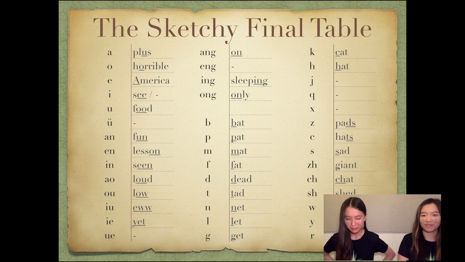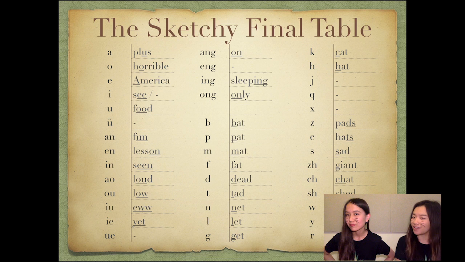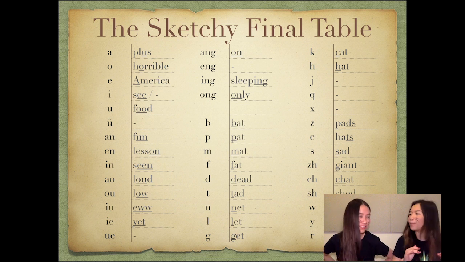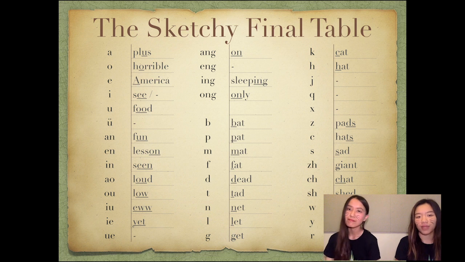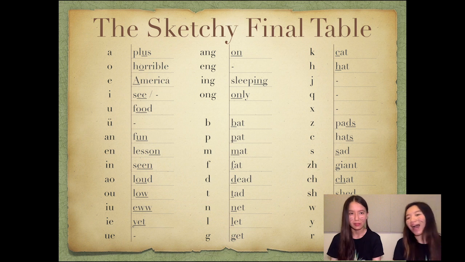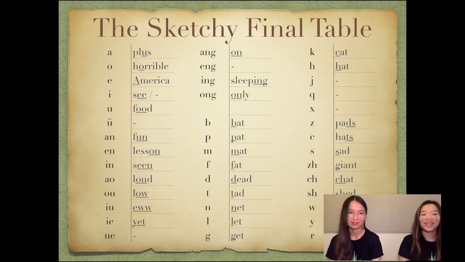Between the Chinese pronunciation and English pronunciation, it's not accurate. It's not exactly the same, but it's close enough. So for the vowels, we have A, O, E, and so on.